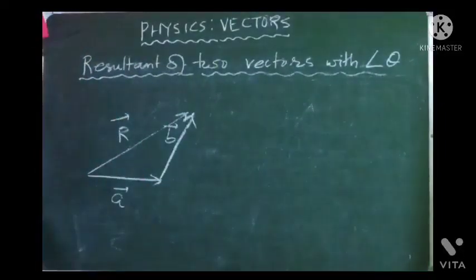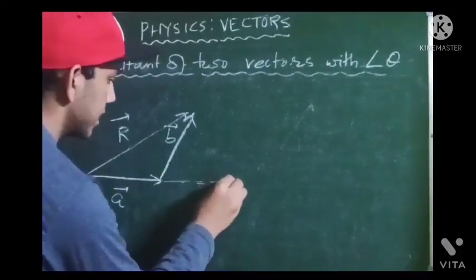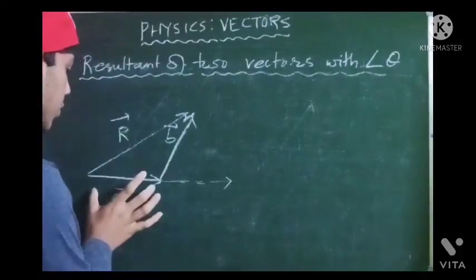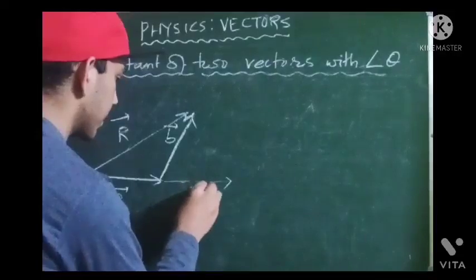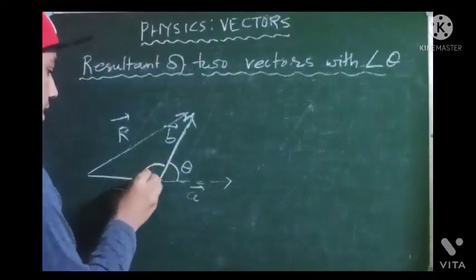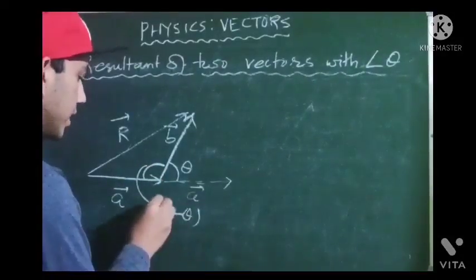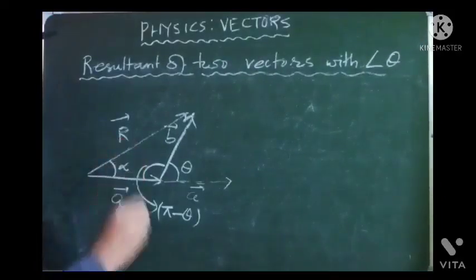We have already discussed this. Now we are given that the angle between these two vectors is theta. That means we have moved parallel to the vector A itself, and this is A vector and this angle is theta. Then by geometry, this angle is pi minus theta, or 180 minus theta. Let us suppose this angle is alpha.